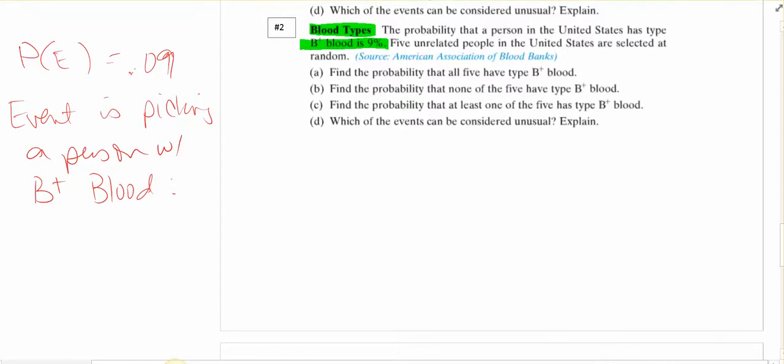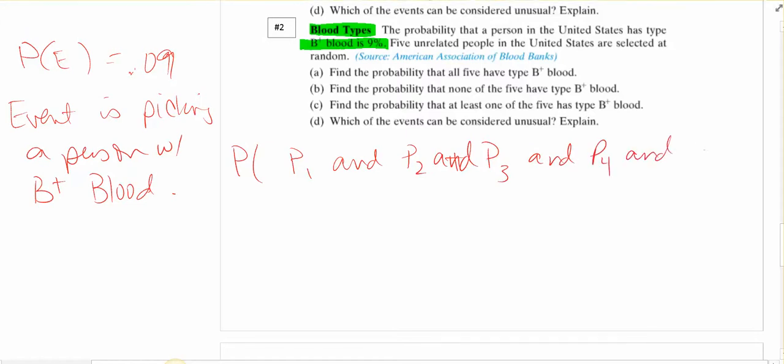Now, I want the probability that all 5 have B positive. So that's the probability that person 1 is a success, and person 2 is a success, and person 3 is a success, and person 4 is a success, and person 5 is a success.